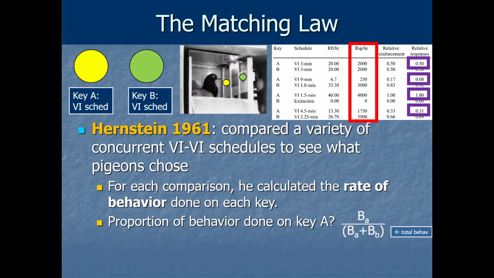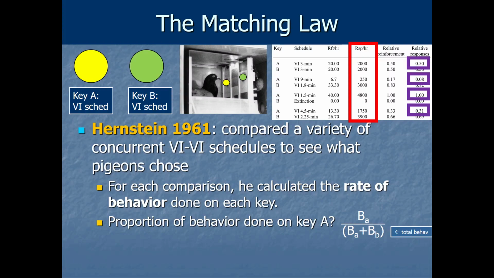What if we go down to the second experiment, right? And we want to know on key A, what's the proportion of their behavior they put there versus the other choice, right? And on key A, we see they did 250 behaviors, whereas on key B, they did 3,000 behaviors. So what proportion of their behavior was on key A in this experiment? It would be 250, but divided by the total of 3,250, right?